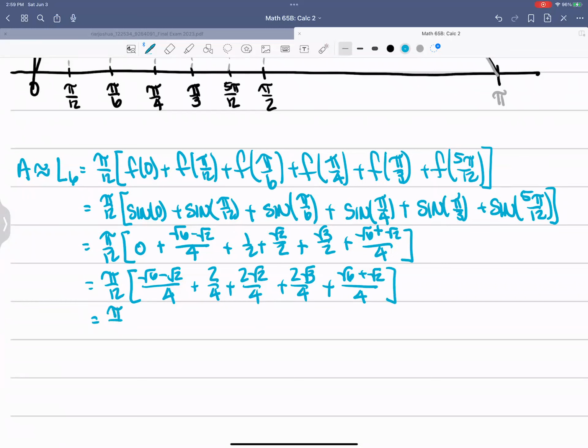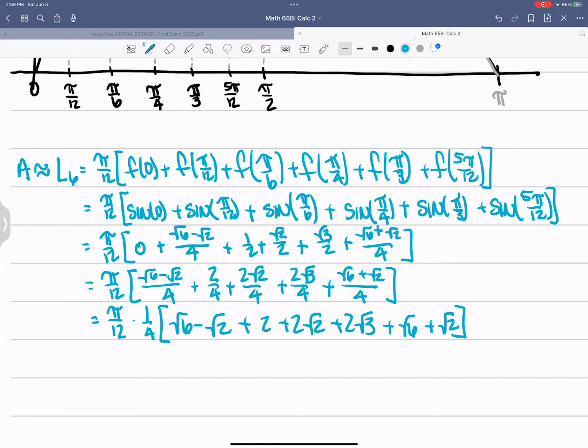Let me be a little lazy again and factor out that 1/4. So now we have root 6 minus root 2 plus 2 plus 2 root 2, 2 root 3, root 6 plus root 2. Those two simplify.